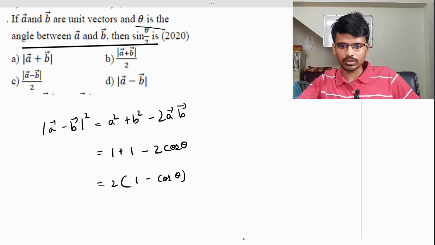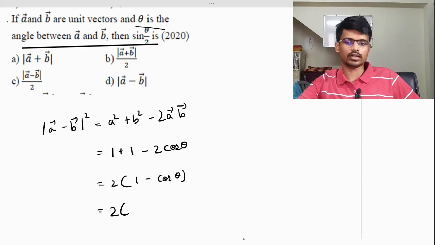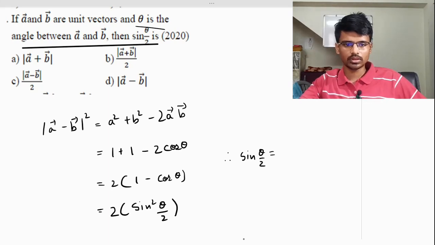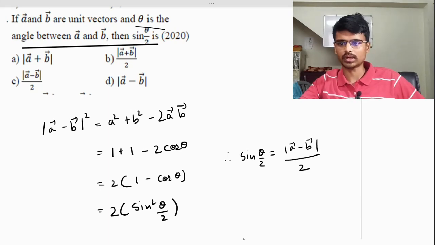If you can recollect your trigonometric identities, this is equal to 4 sine square theta by 2, right? Yeah, I got my thing. I want to find the value of sine theta by 2. So if I reduce this, sine theta by 2 is equal to the magnitude of the difference of the vectors divided by 2. So the correct answer is option C.